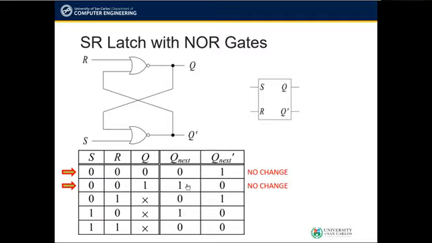This behavior of the SR latch is called no change since the present value of Q does not change on its next value. Q next prime is simply the complement of Q next.